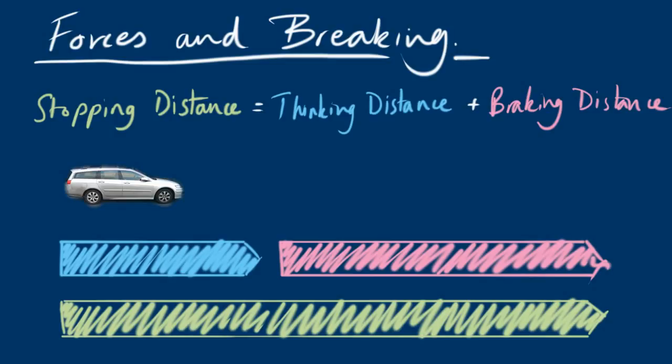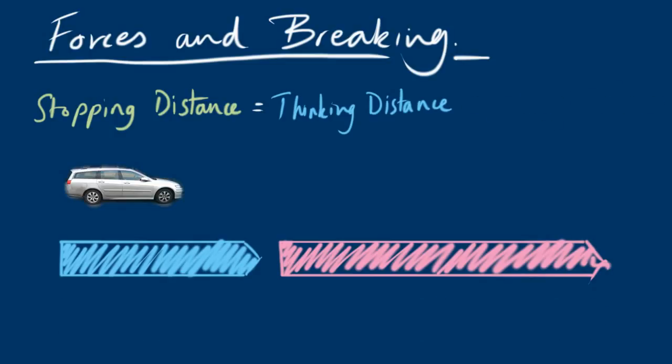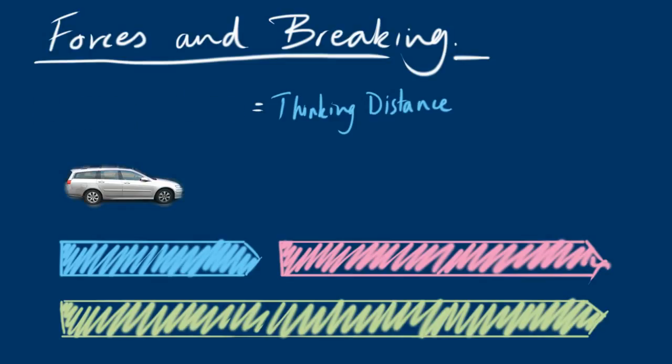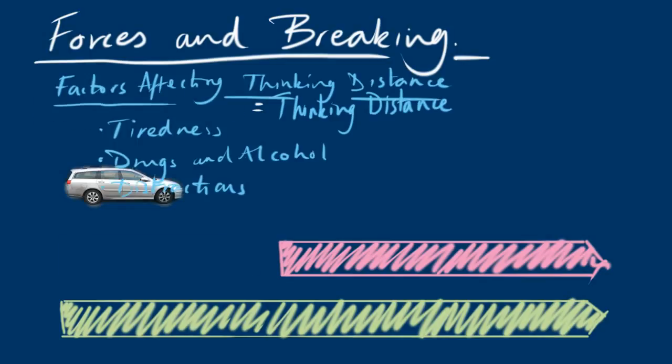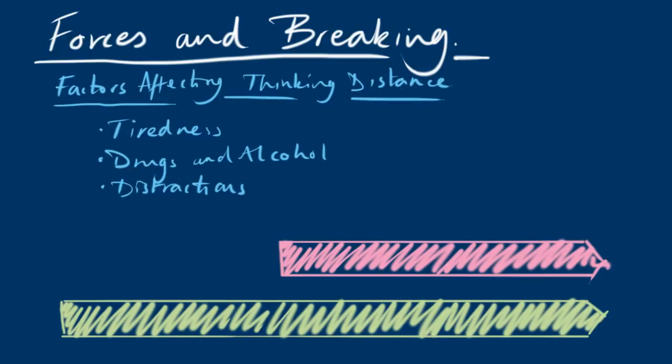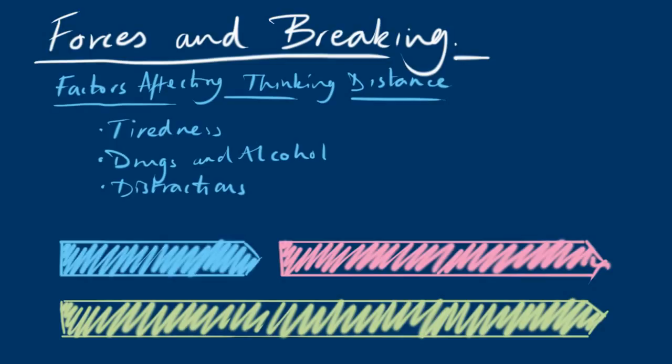Now there are some things which affect both thinking distance and braking distance, and you will need to be aware of these factors. Factors that affect thinking distance are things such as tiredness, if the driver is tired, if the driver is on drugs or alcohol, and if there are any distractions in the car or outside the car.